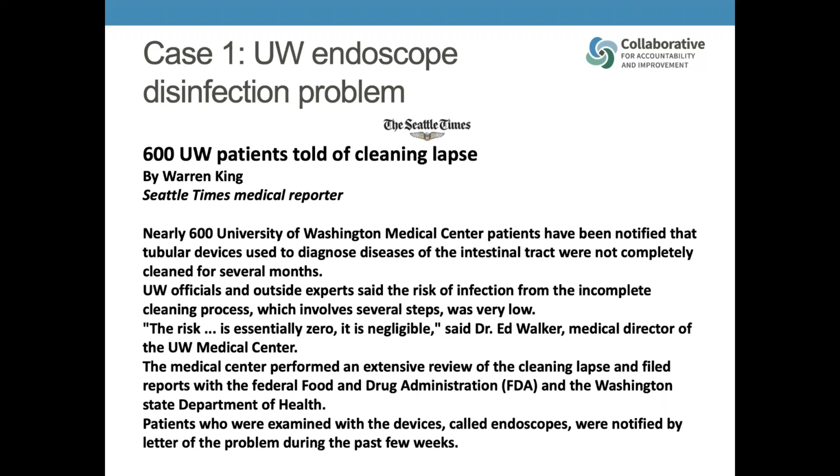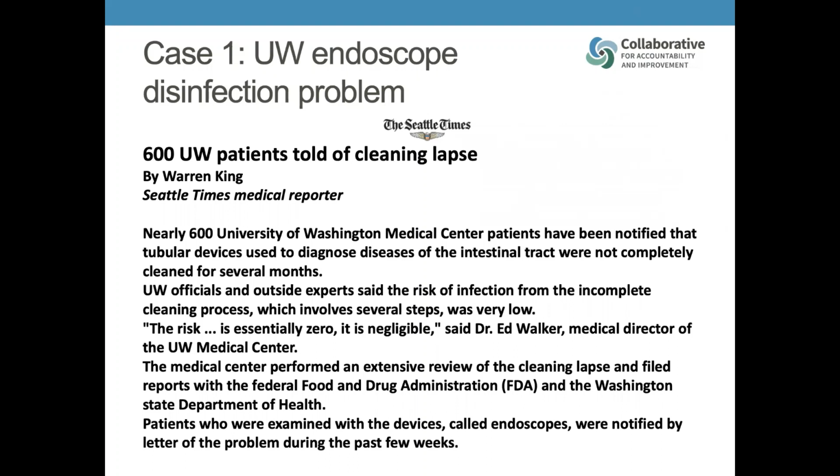When the ID folks and infection control folks looked at the exposure, they actually thought that because all but one of the cleaning steps had happened as intended, the risk of infection from the incomplete cleaning process was thought to essentially be zero. So there was basically no increased risk of being exposed to a bloodborne pathogen that would be any higher than that normally found during the procedure.